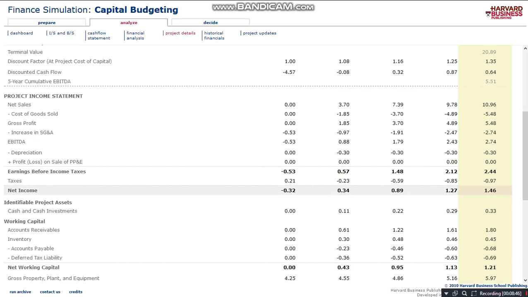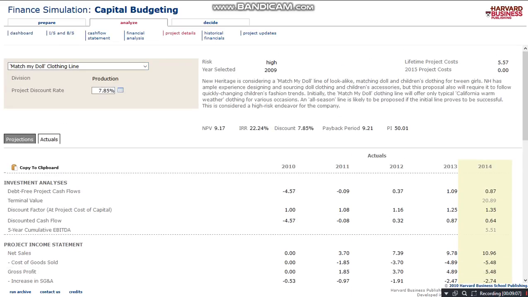So that is also another thing that I would need to take into consideration. Would the project outlast its current value, or would the project outweigh its cost and earn more revenue for us in the future?